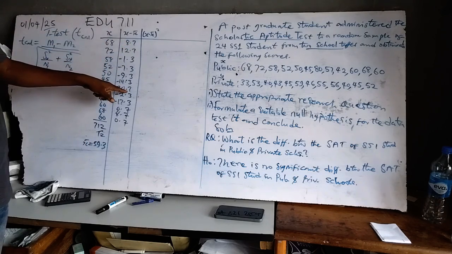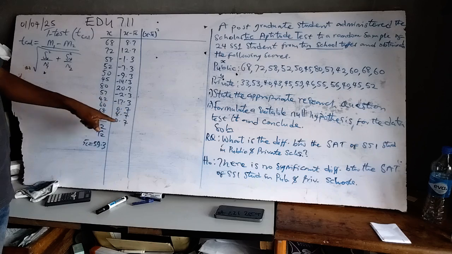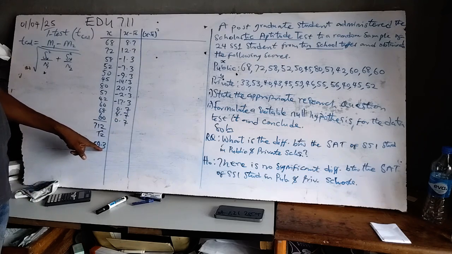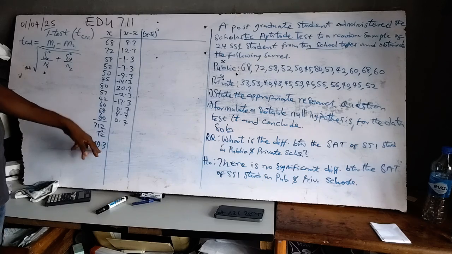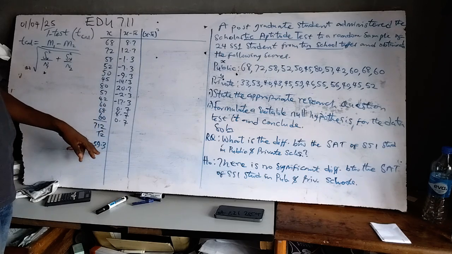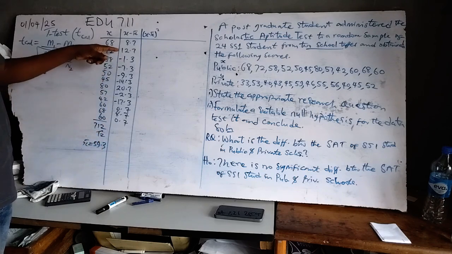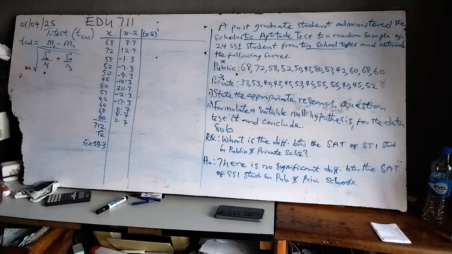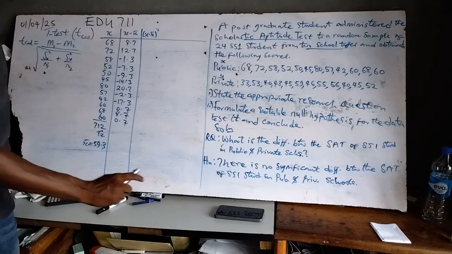This is also plus, which ends with 7. This also plus. They all end with 7. Then the minus ones always end with the same last digit of the decimal of the mean. We are talking about the mean in decimal places. So this is 59.3. So those in the negative must end with 0.3. Let's see this. They all end with 0.3. So take note of that.